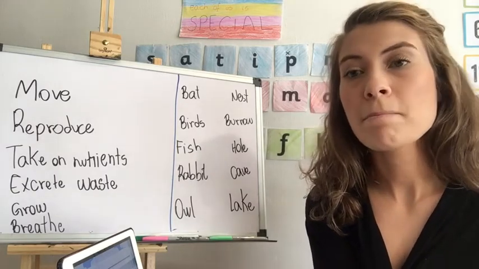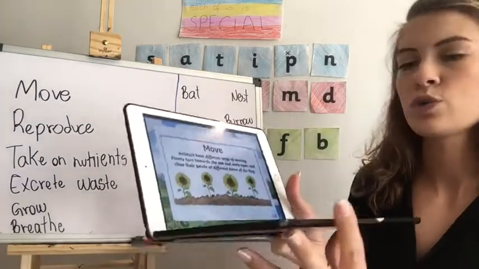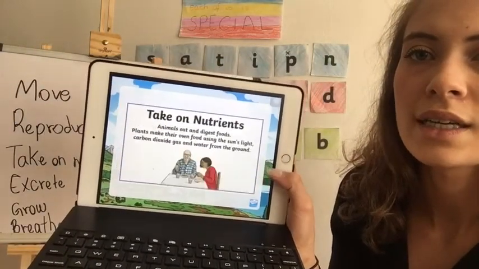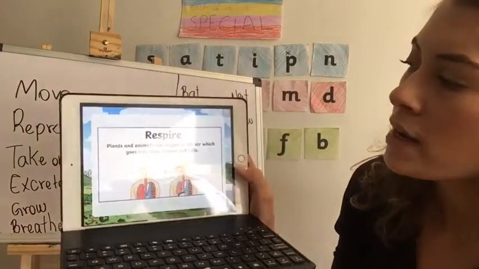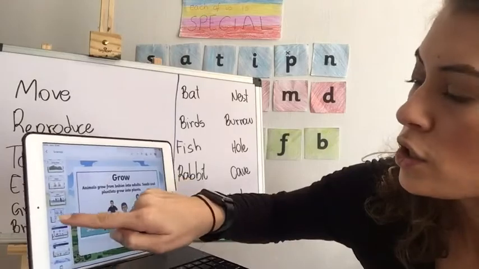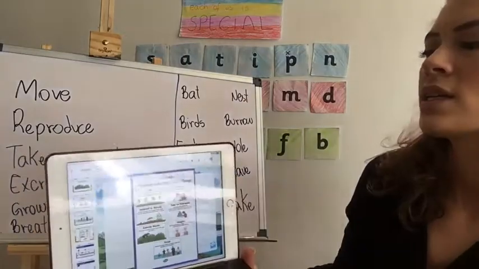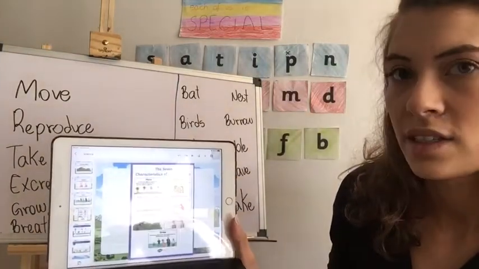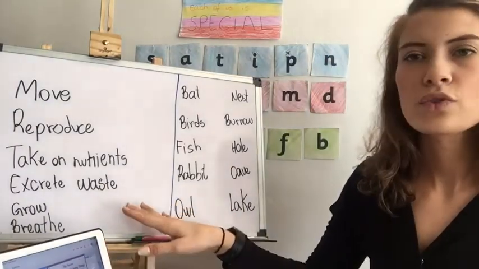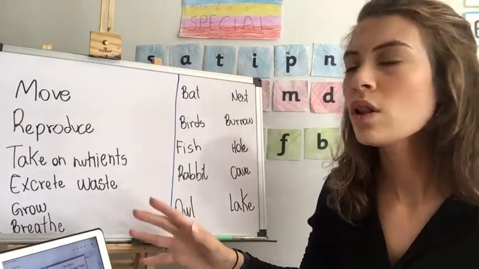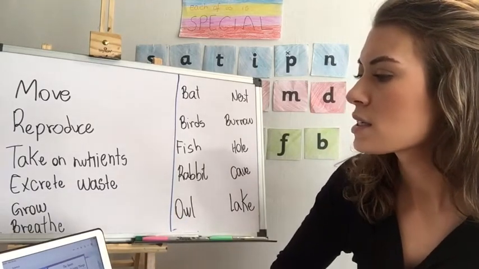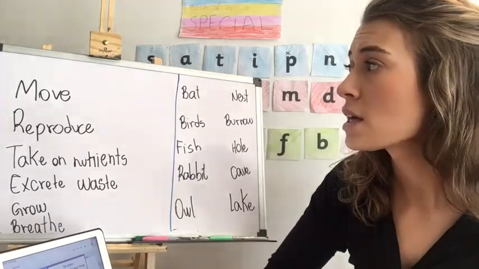So remember, I showed you these slides, and at the end of those slides we could find 7 characteristics of living things. I'm going to go through some of them, not all, just 6 characteristics.